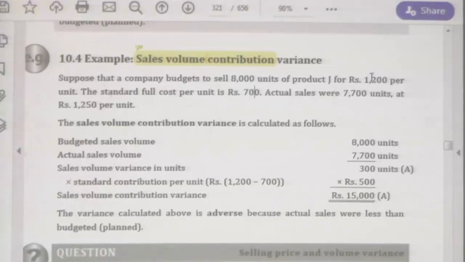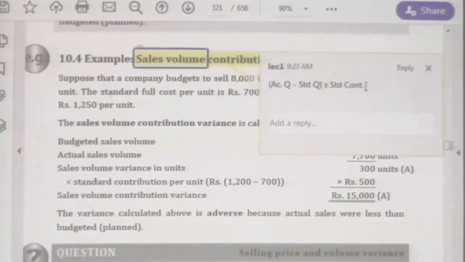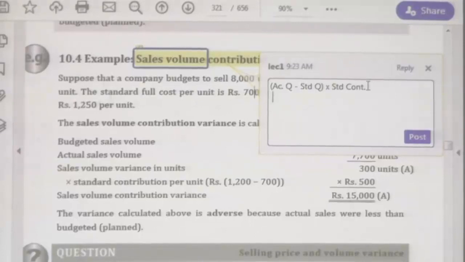The standard contribution per unit is 1,200 minus 700, that is 500.